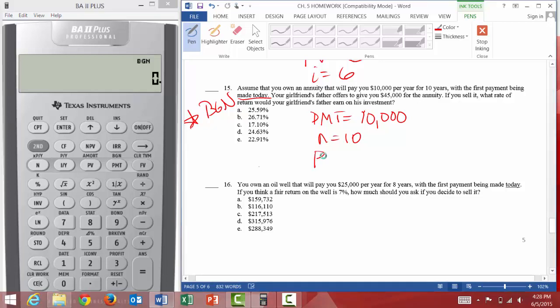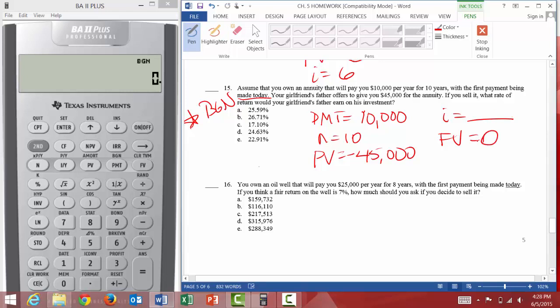So that's like today, he'll give you $45,000 to get this $10,000 annuity. So let's just go ahead and put this as negative 45,000. And then we've got I, and we've got future value left. If you sell it, what rate of return would your girlfriend's father earn on his investment?